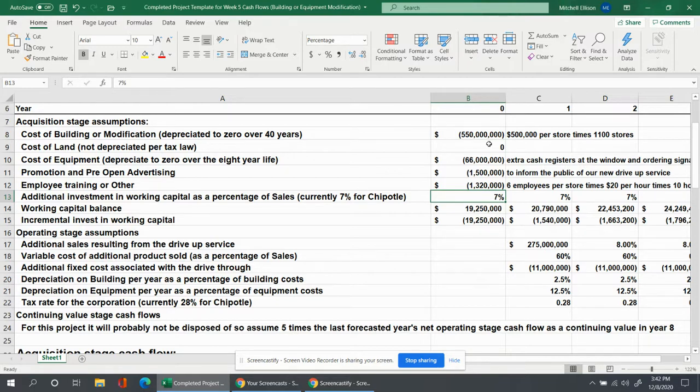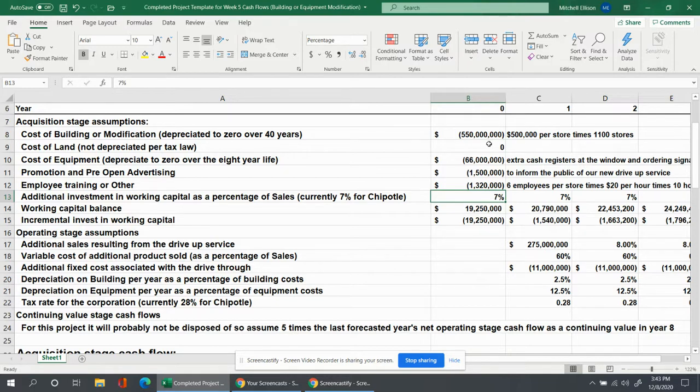So again, since you are asked to present a project to Chipotle's management, you should use their income statement and balance sheet as a guide in predicting these numbers. And so I put that in at 7%.